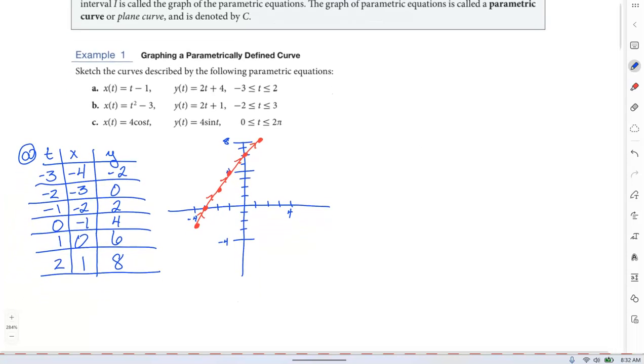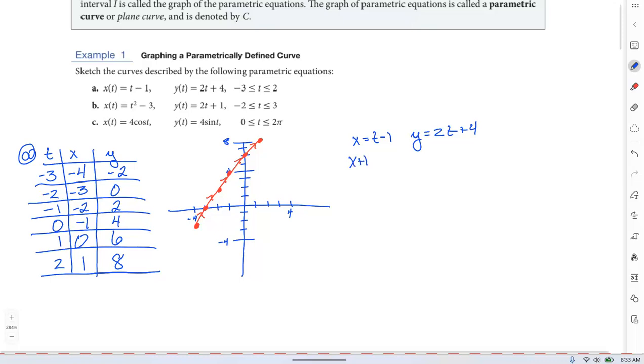Now, if we wanted the equation that models this, if you think back to when we did this in our trig class, x is equal to t minus 1, y is equal to 2t plus 4. We could solve one of these equations for the variable t and then plug it into the other one. So I'm going to solve the x equation for t.